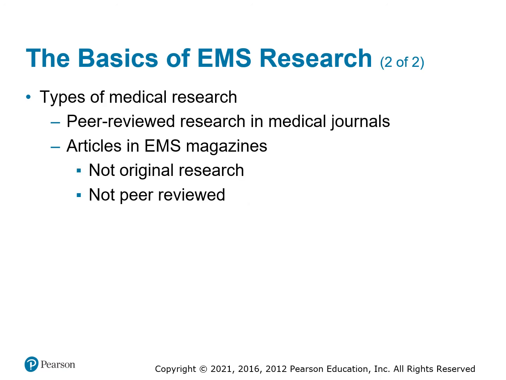And with that, there's going to be a couple types of medical research. So there's peer-reviewed research, which you're going to find in true medical journals. It's research that's done, and then it's reviewed by different groups, different agencies, different people to help prove the theory.